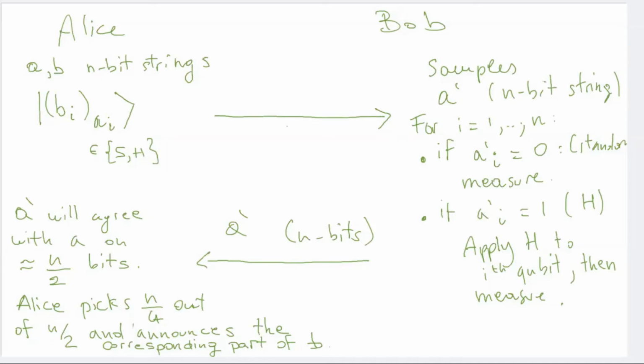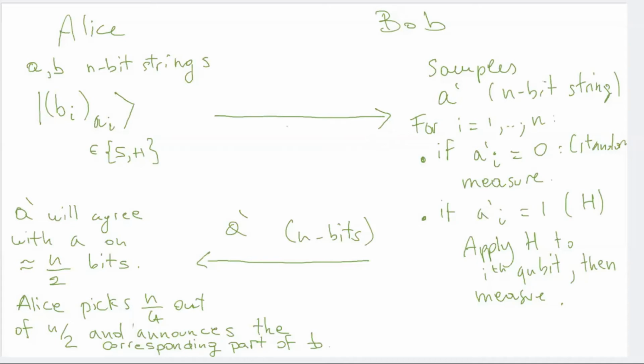So that they know which qubits Bob has measured in the correct basis, the one originally chosen by Alice.